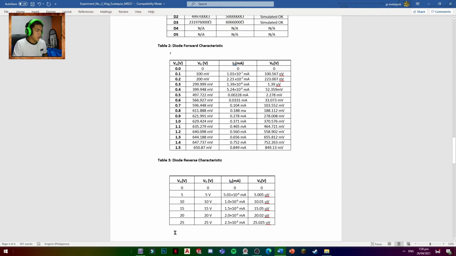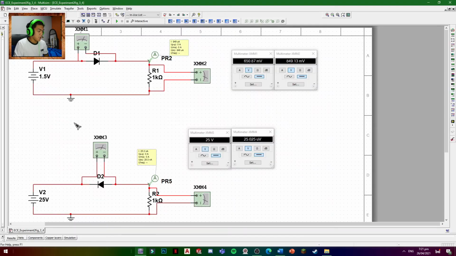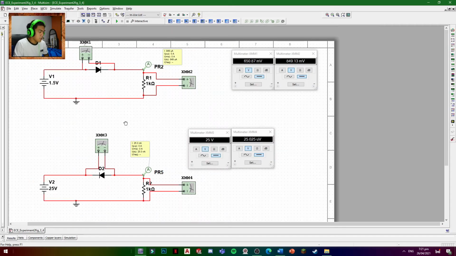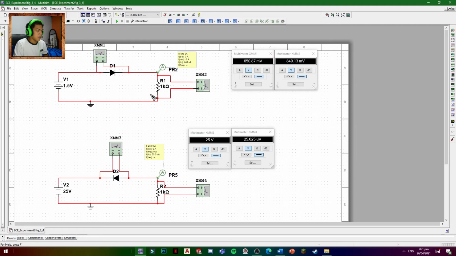But I'm going to show you the multi-simulated circuit first. The instruction says that I should locate the voltage across the diode and the resistor, same as in figure 4, but change the power supply's value from 0 to 1.5 with 0.1 volt intervals in figure 3.